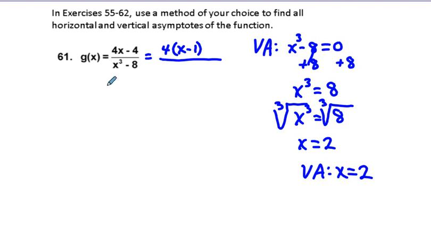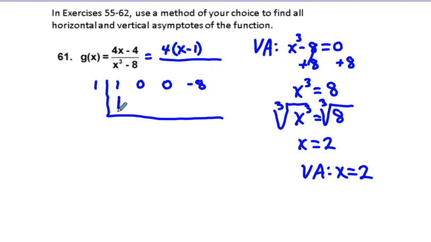We can check quickly with synthetic division: put the 1 out here, and then 1 x cubed, 0 x squared, 0 x, and -8.